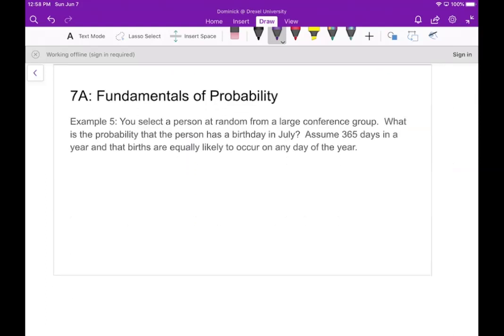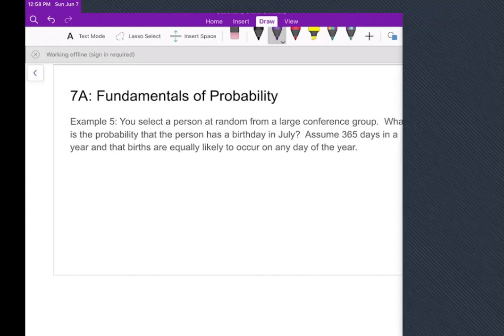Okay, now the next one, we want to select a person at random from a large conference group. Now we want to know what is the probability that that person has a birthday that occurs in July. Now we, of course, will assume 365 days in a year, and we'll also assume that every birthday is equally likely. Now there's 31 days in July.